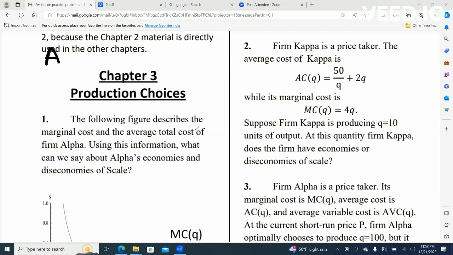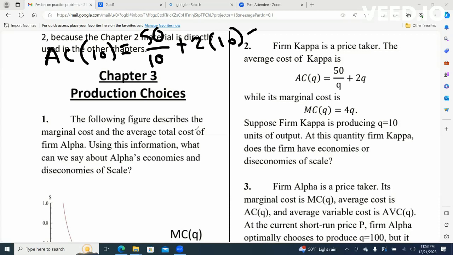We have AC of 10. We have MC of 10 equals 40.